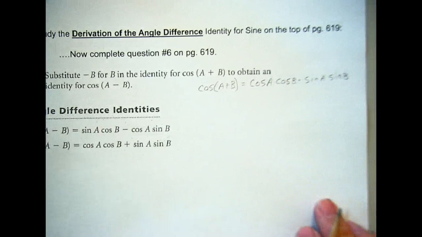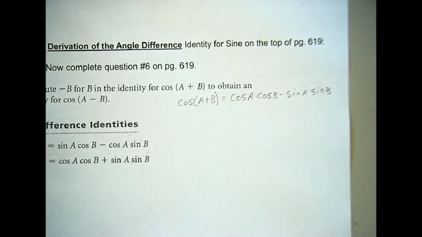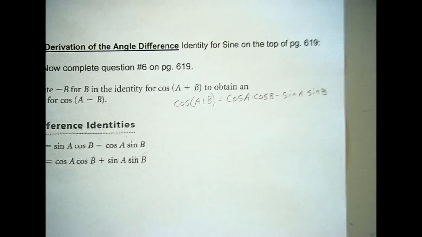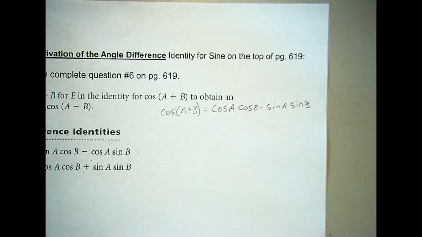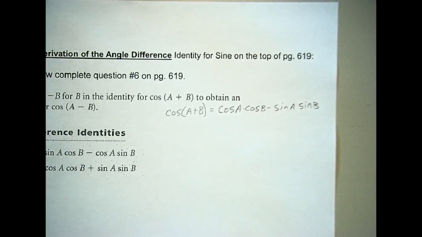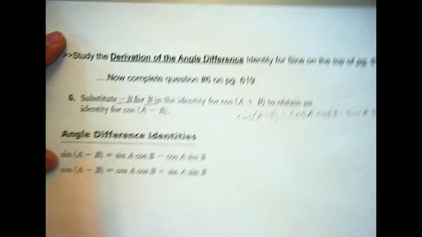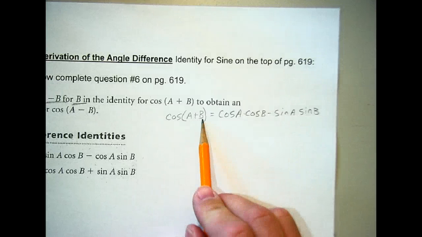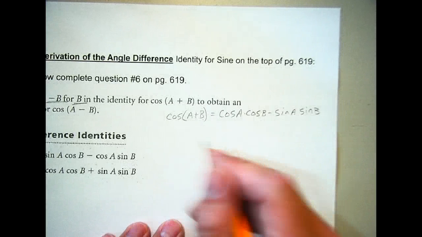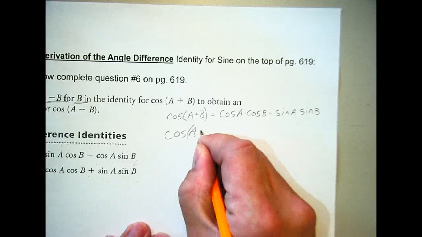So Brooks, what am I doing now? Now, from there, you are swapping in negative b instead. Good. We're putting in negative b for b.